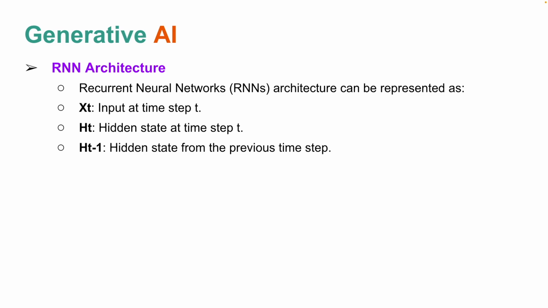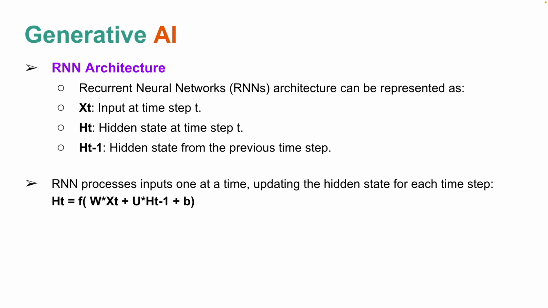It is not just processing the input at the current hidden layer; it is also referring to the input from the previous timestamp, and this works in a recursive model. This is the formula which you can use to calculate the RNN. Whenever the system is calculating the hidden state at a particular time t, this is the formula which can be used. The formula is very simple. Here W defines the weight of the current input.